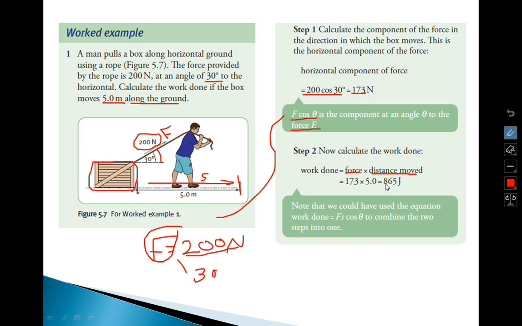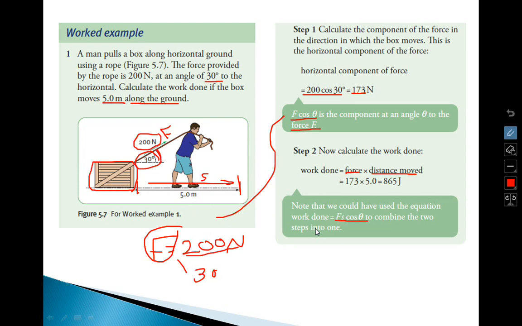Just keep in mind that we could have used the equation work done equals F S cosine theta to combine the two steps. You can solve this problem in one step rather than two by using F S cosine theta: this is F, this is S, 200 times 5 meters times cosine of the angle.